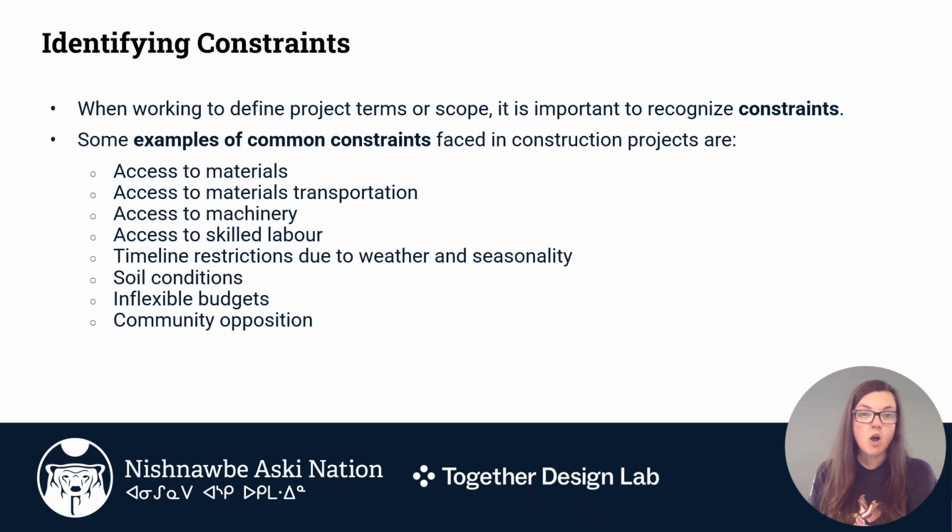Some examples of common constraints faced in construction projects are access to materials and the lack of storage for materials, access to the transportation of materials, commonly experienced in remote NAN communities who utilize the winter road system, access to machinery, access to skilled labor, timeline restrictions due to weather and seasonality, again, those who utilize the winter road system, or when dealing with flooding and forest fires, soil conditions, inflexible budgets, and community opposition.